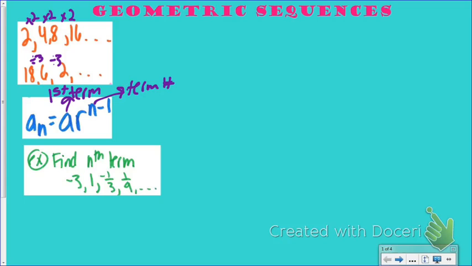On this formula, r stands for the common ratio. So just like the common difference, except instead of what I'm adding each time, this is what I'm multiplying by. Now this number can be a whole number or it can be a fraction. If that number is less than 1, that's when I'm actually decreasing.